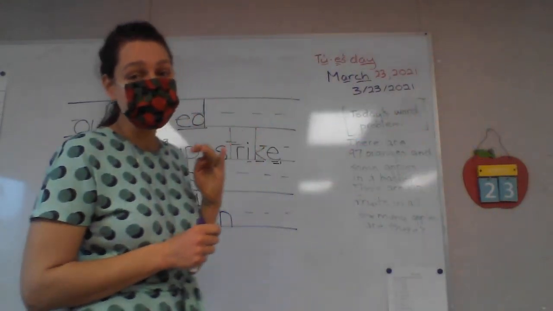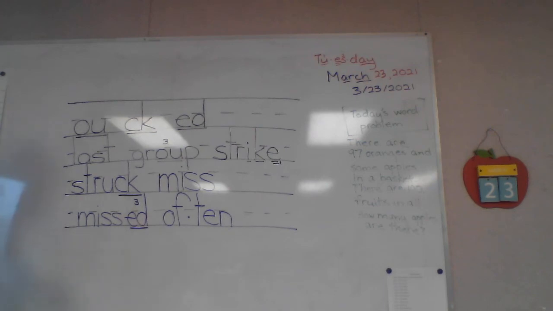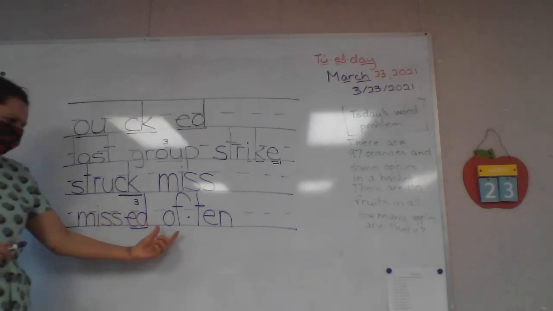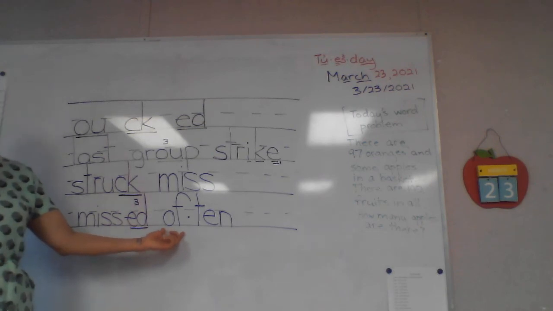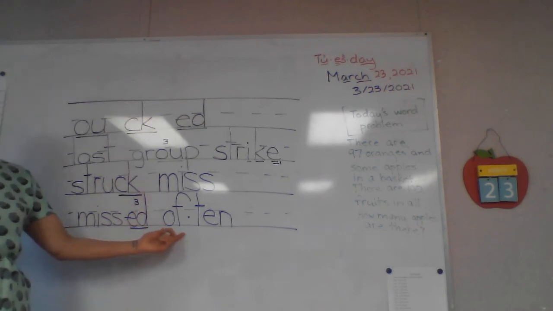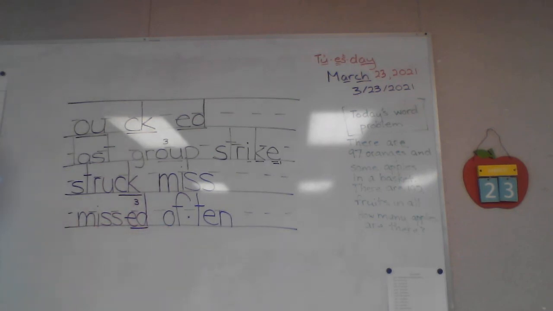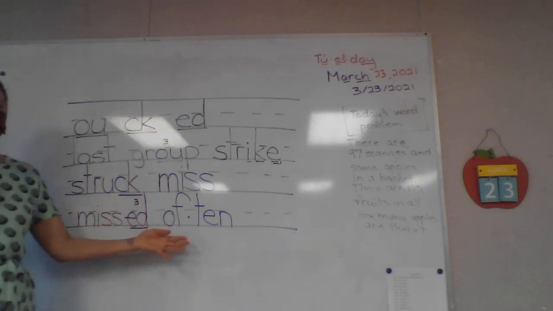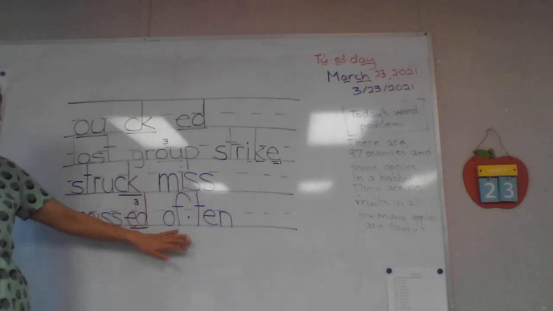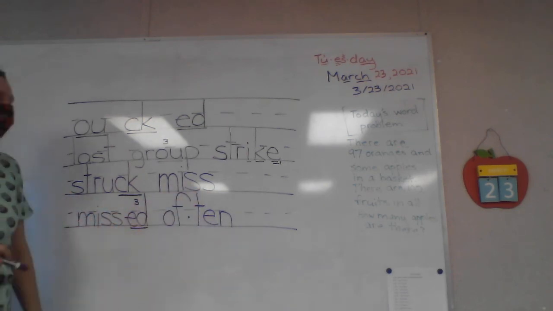Anytime we're fixing it, we've got to say the sounds. So for this first syllable, some of us wrote the word off. I would have told you if we needed to double this, right? Because at the end of off, we use our floss rule. But this isn't a one-syllable word, so we wouldn't use it here.